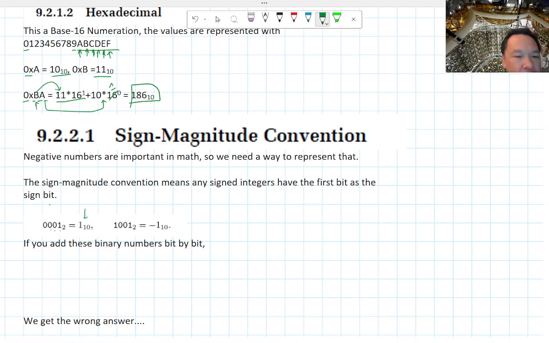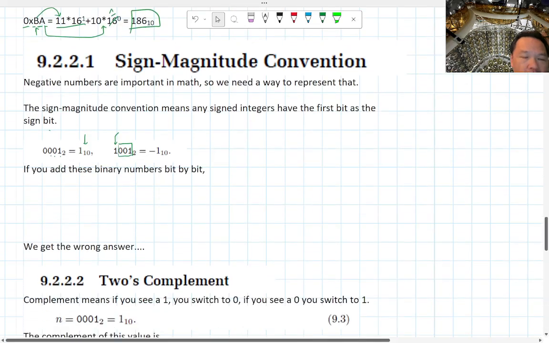That means positive 1 in decimal. If you want to represent negative 1, you flip the sign bit. So essentially what's happening is that these three give you the magnitude, and the leftmost bit gives you the sign, whether it's a positive or negative number.